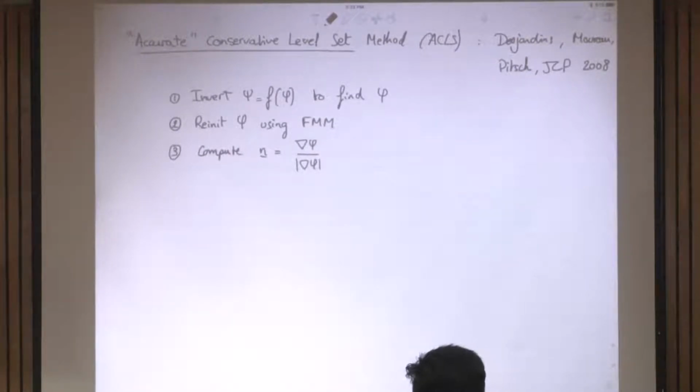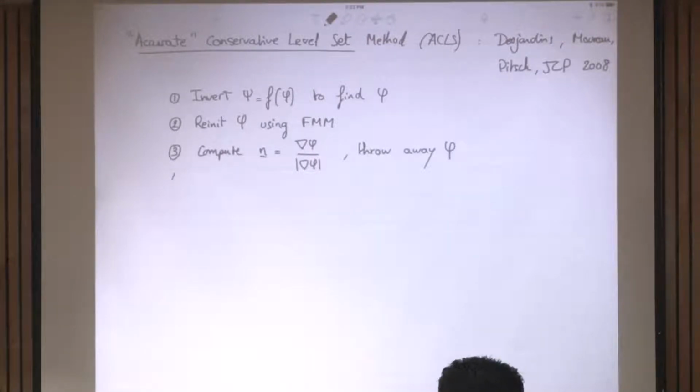What I can do then is just throw away my distance. Yes, I've reinitialized my distance, but I only need it to get a normal orientation. So compute n and throw away this phi function. I'm not going to have to suffer from the inaccuracy from the reinitialization, and get rid of this.